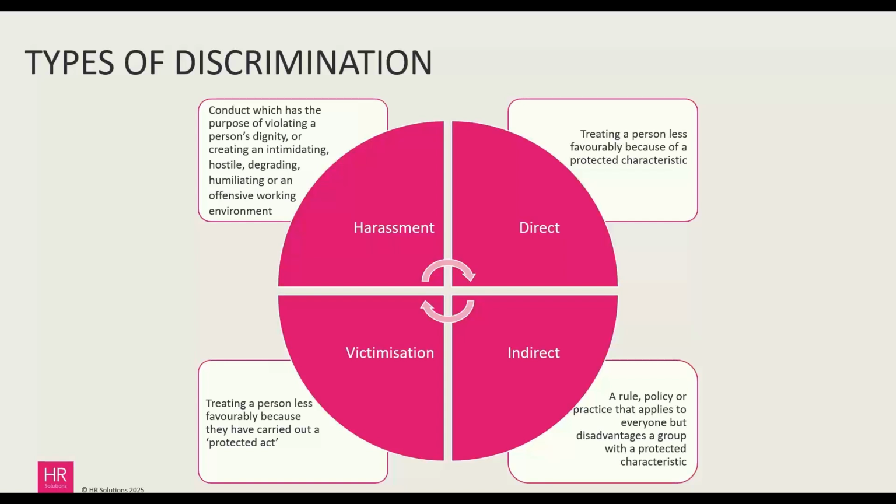And then finally, the fourth area is harassment, and that's conduct, and it can include conduct of a sexual nature, but it's conduct that has the purpose of violating a person's dignity or creating an intimidating, hostile, degrading, humiliating or offensive working environment. And the conduct is because of a person's protected characteristic, such as age, disability, gender reassignment, for example.